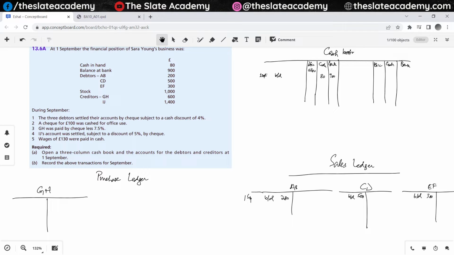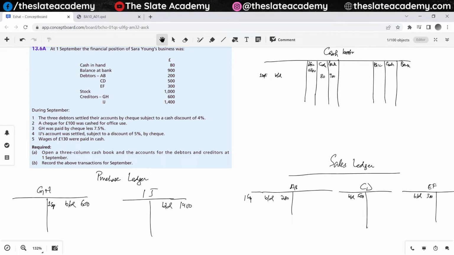The brought down will be on the credit side because GH is a creditor and this would be a liability, the opening balance. And for the other one, IJ, it would also be on the credit side. How much is the brought down balance? 1400.